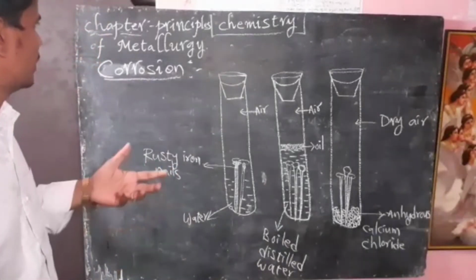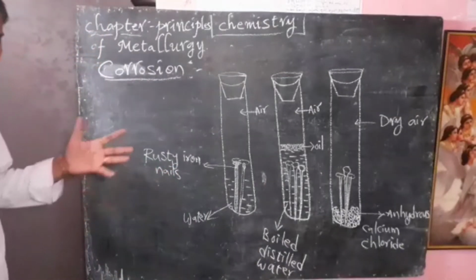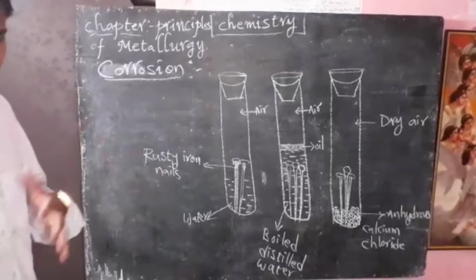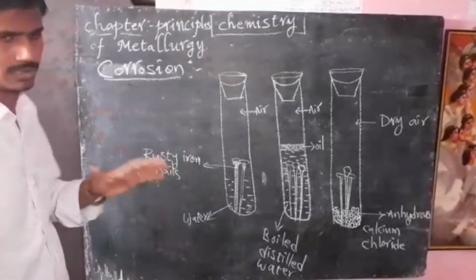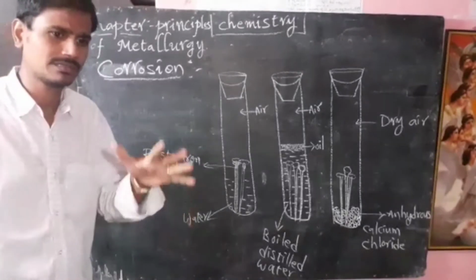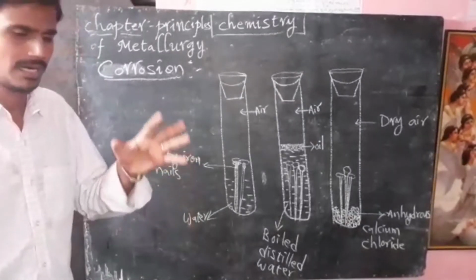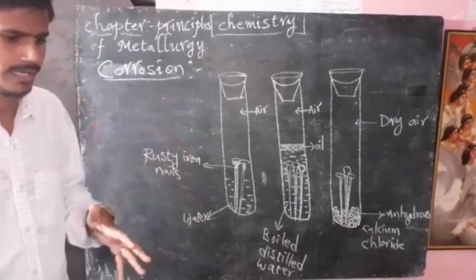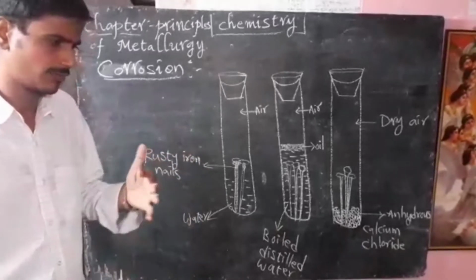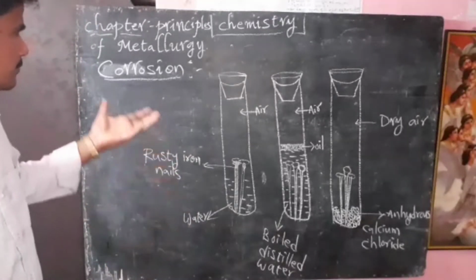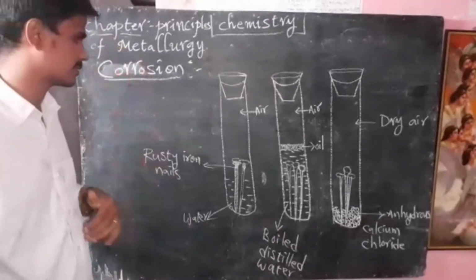Whatever we discussed till now, these are all examples of corrosion. Corrosion is nothing but metals reacting with oxygen and moisture present in the air and water, forming the respective metal oxides. That process is called corrosion.